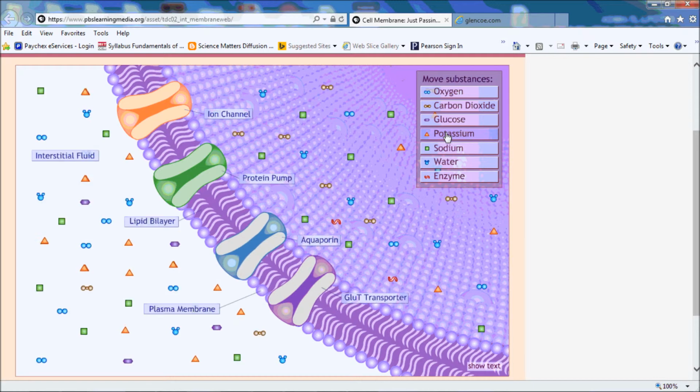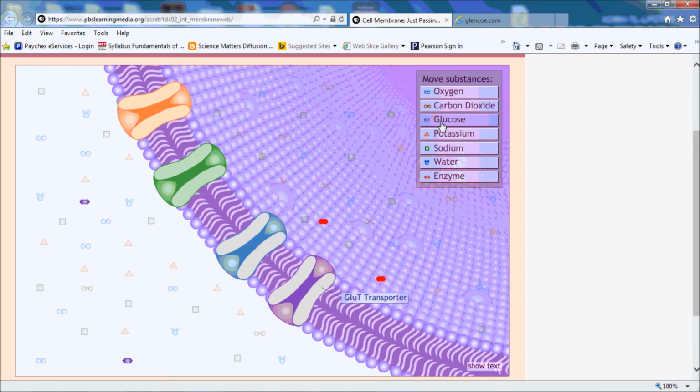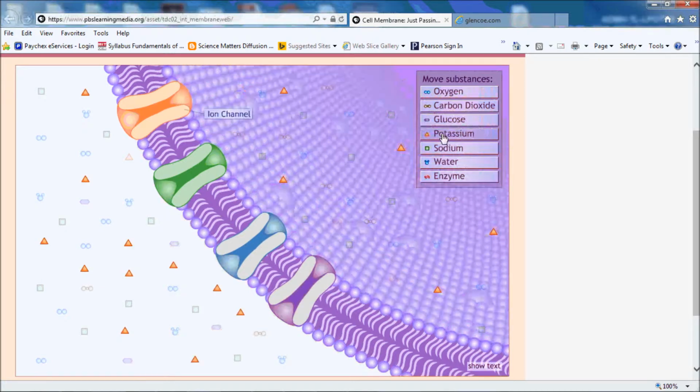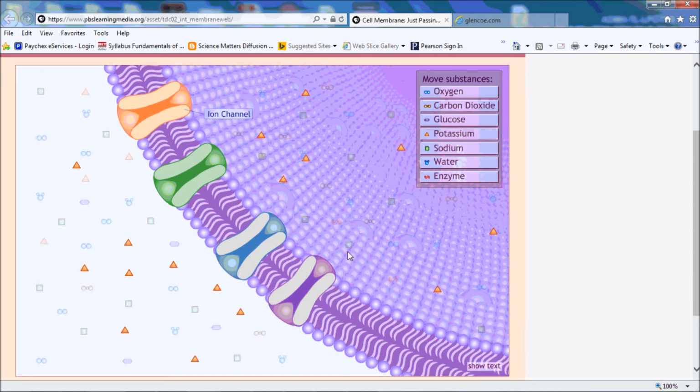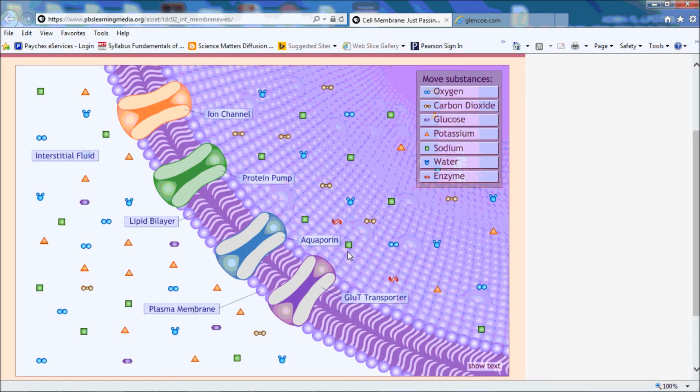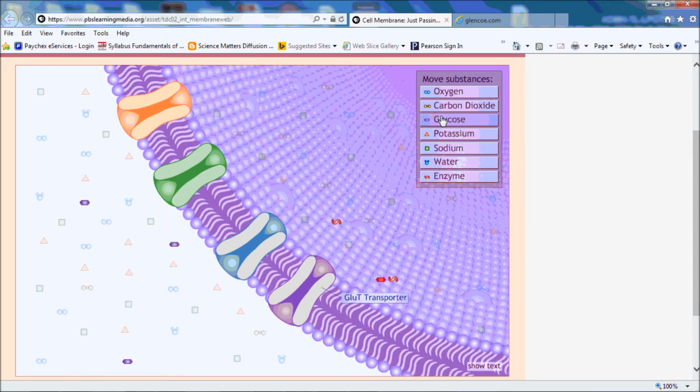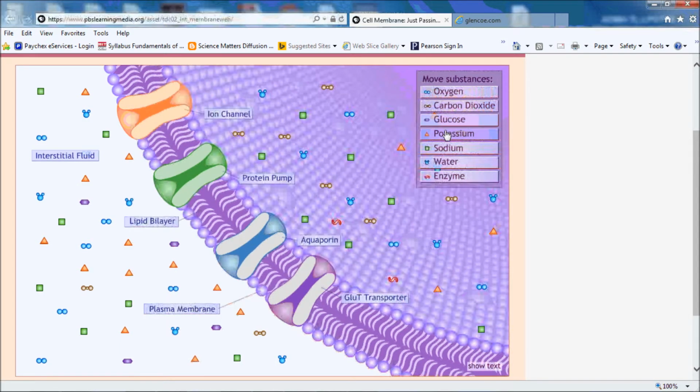As you're comparing it, not necessarily looking at the color, but look at how it is behaving. What you should notice is that the glucose is actually moving, and the potassium is not moving. Anytime you have any type of movement, like when you stretch out your arms, you are using energy for that. So if the protein inside of the cell's membrane is moving, it's using energy.